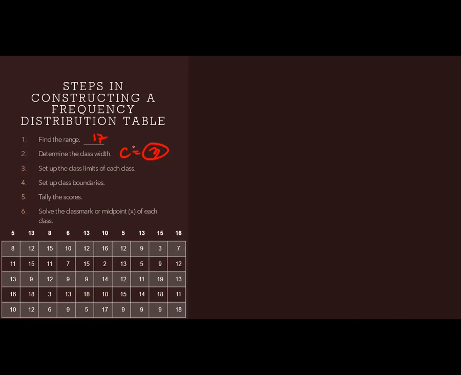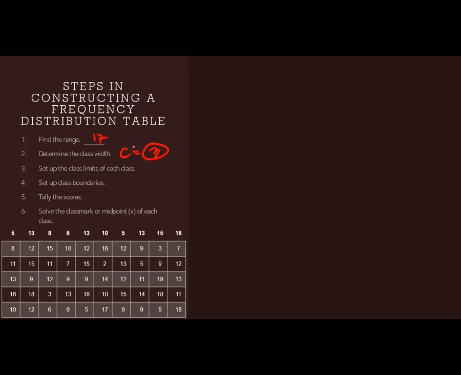We have to take note that the limits of each class are defined by the lower limit and the upper limit. And the highest observed value should be part of the highest class interval, and the lowest observed value should be part of the lowest class interval.